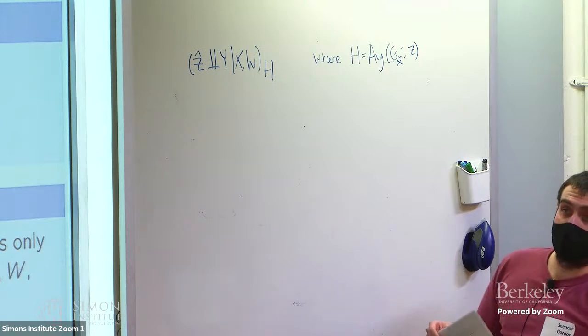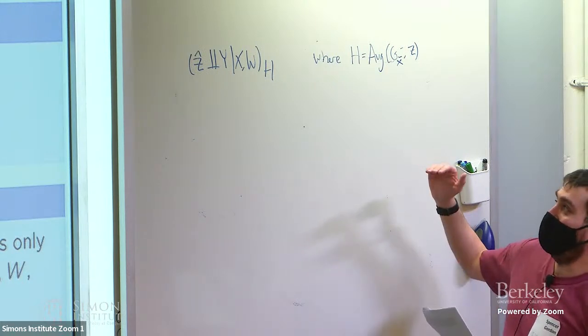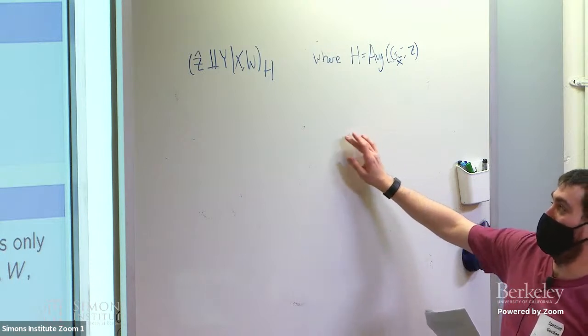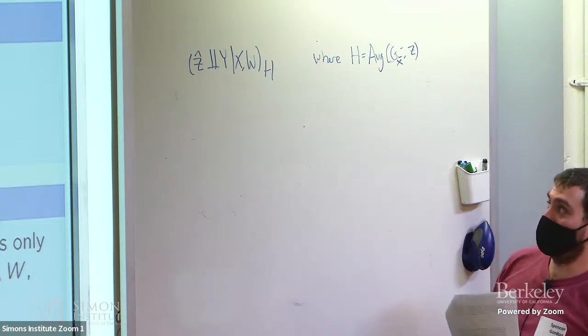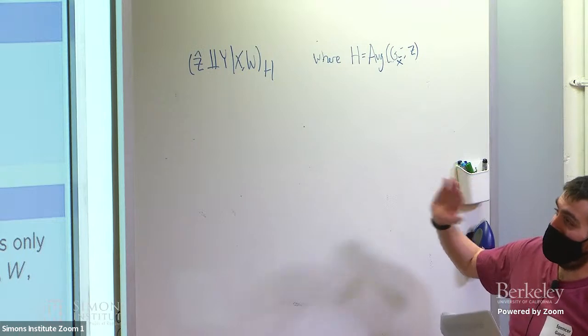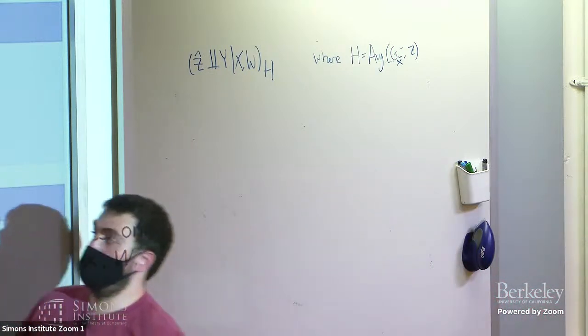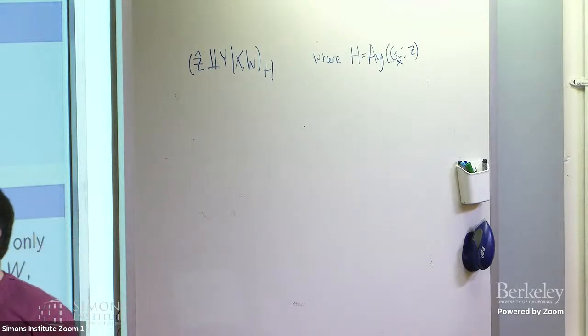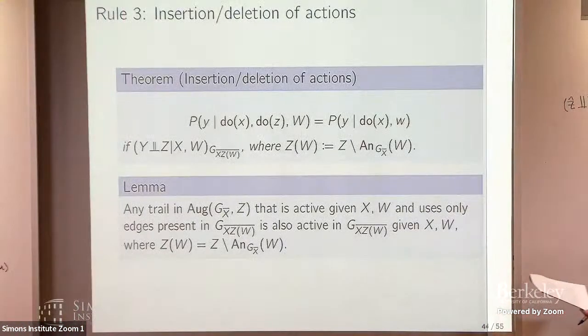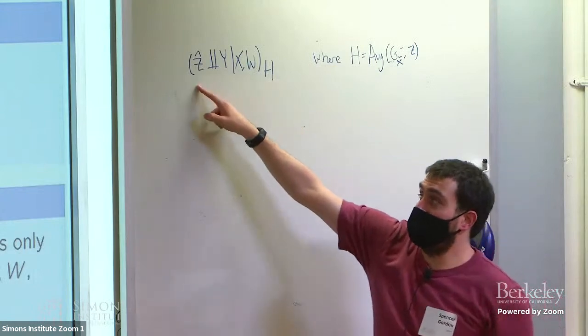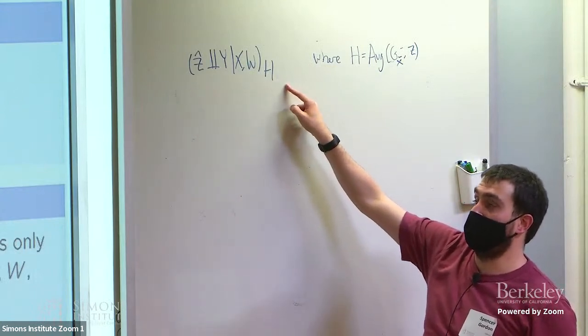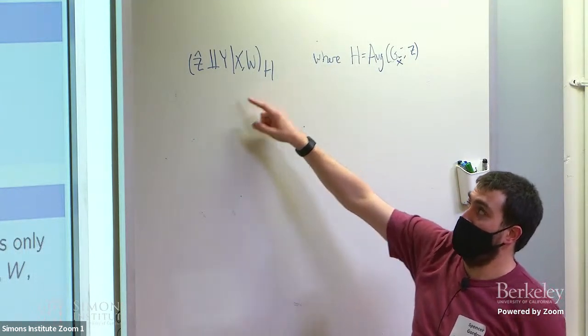So actually, I'm looking at the time. I think this would be less illuminating than talking about the ID algorithm. All I want to say is that what we're going to end up showing is that this condition implies this separation, and this separation is actually comprehensible, right?